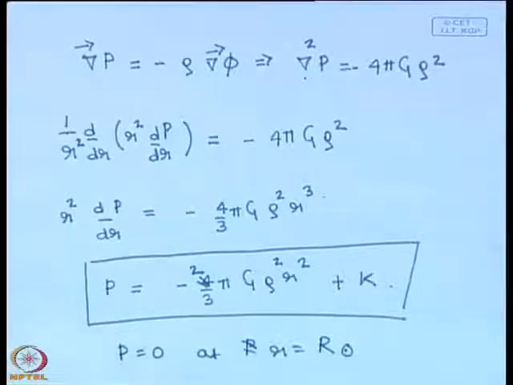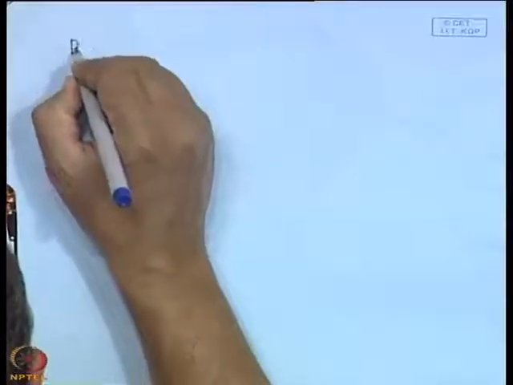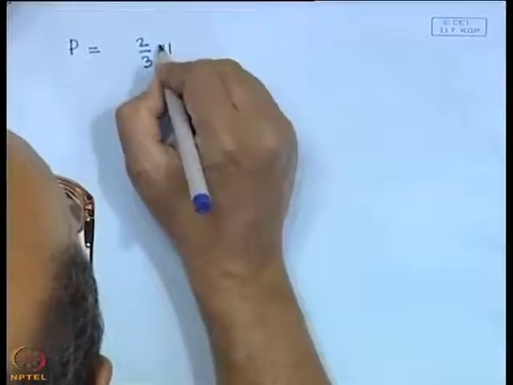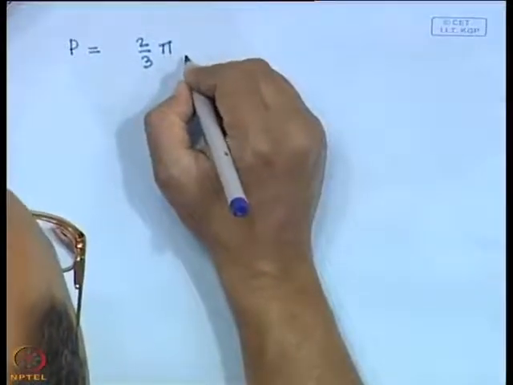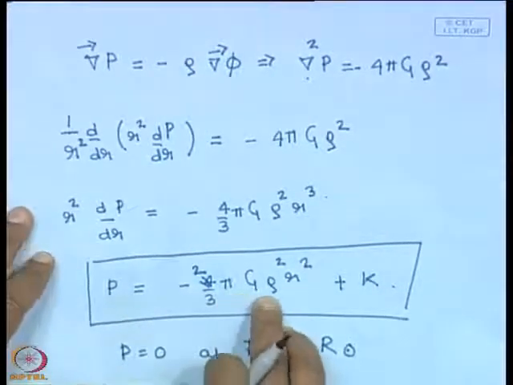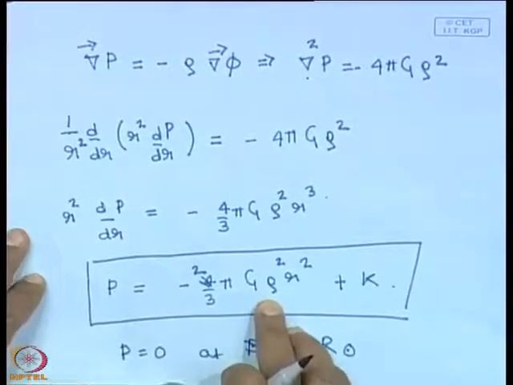So imposing this boundary condition, the pressure P is equal to 2 by 3 pi. Further, it is convenient to express this density in units of the total solar mass.